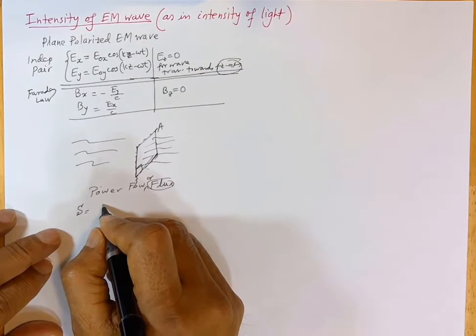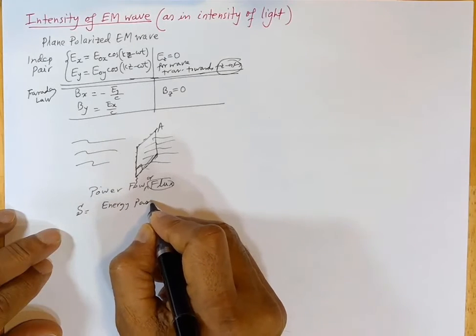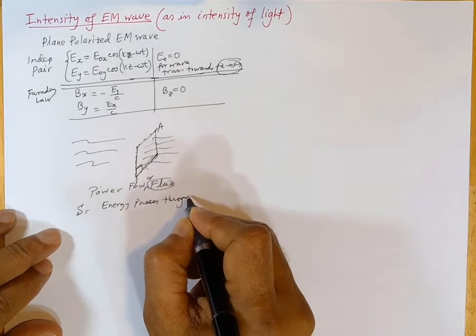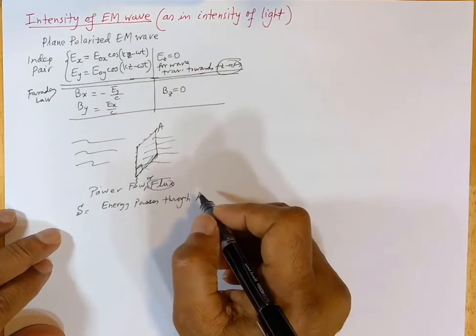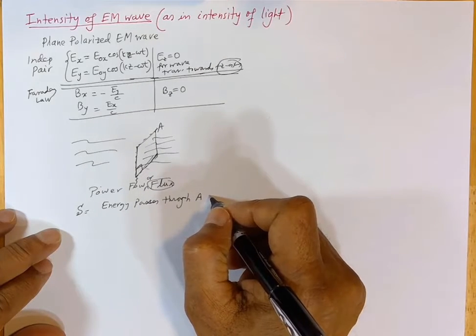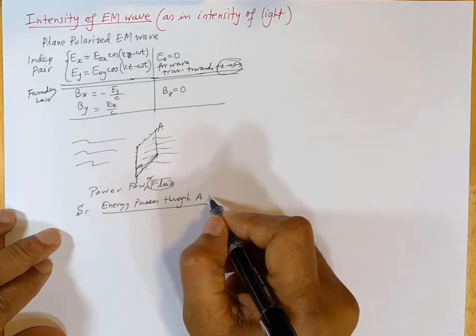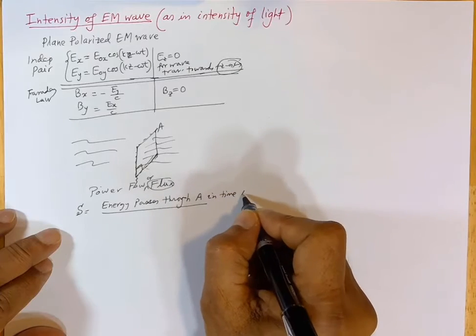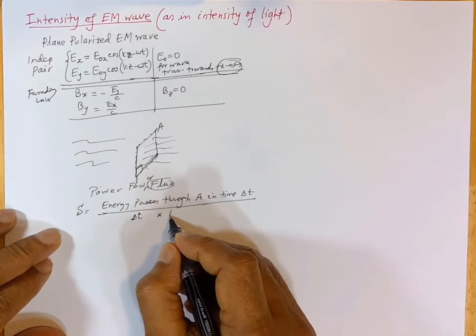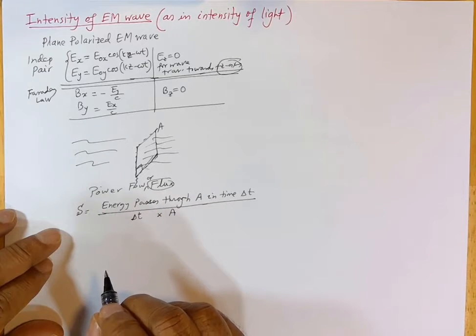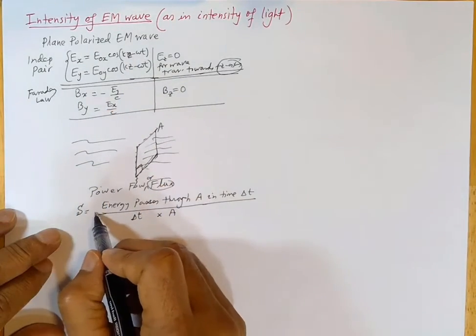S is how much energy passes through some arbitrary area A, but I want per unit time, so in time delta t. So I want per unit time, and per unit area. Because these fields are time dependent, this will be a function of time.